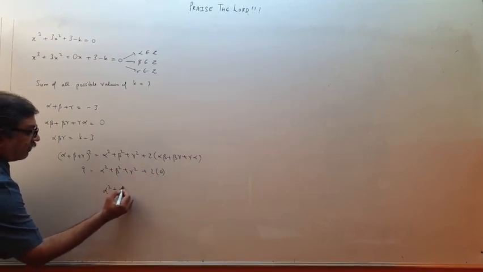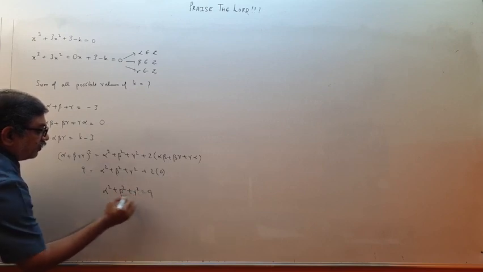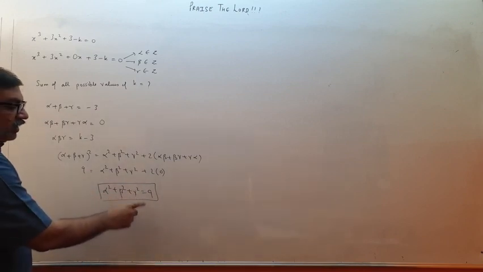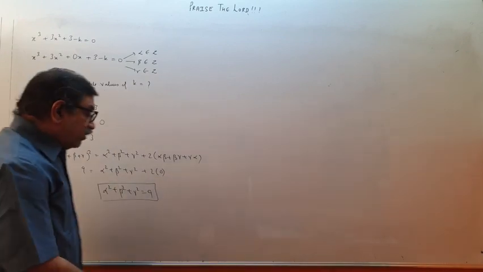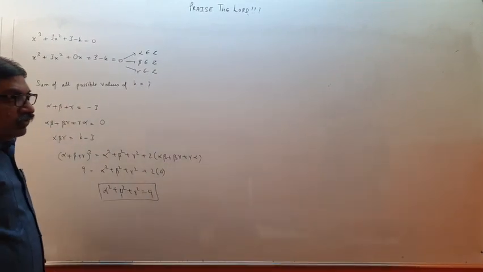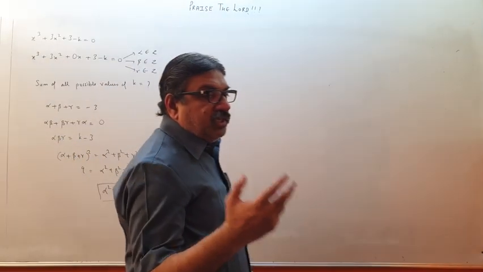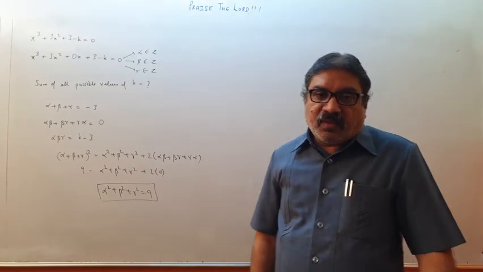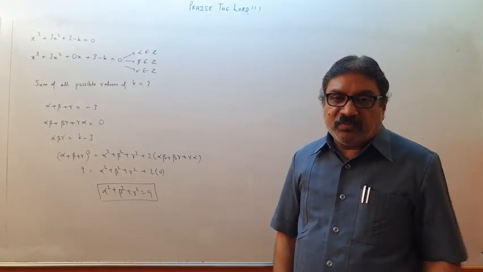Therefore, I realize that alpha square plus beta square plus gamma square is 9. Now, because alpha, beta, gamma are integers, their squares also will be integers. So integer plus integer plus integer equal to 9. Now I have to think only of positive values because squares cannot be negative. So I have to choose 3 squares whose sum can be 9. Now the job becomes far easier.